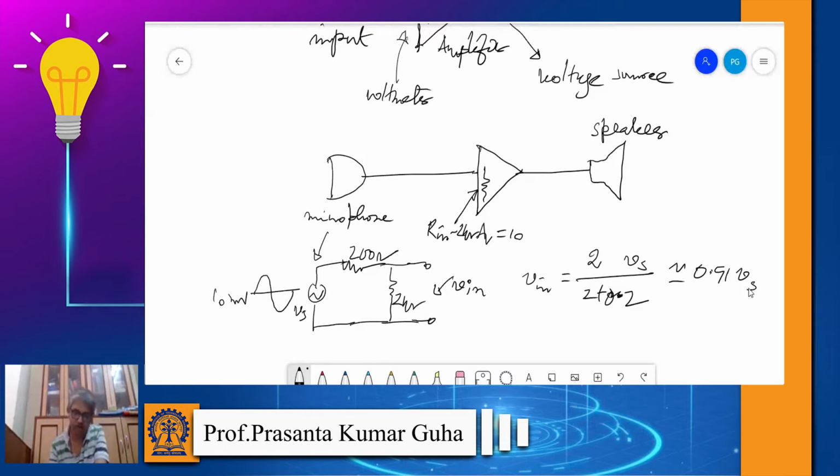So you see the amplifier, there is around 9% loss of signal when it is coming to the amplifier.